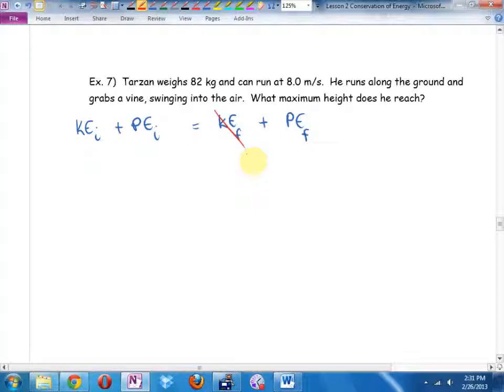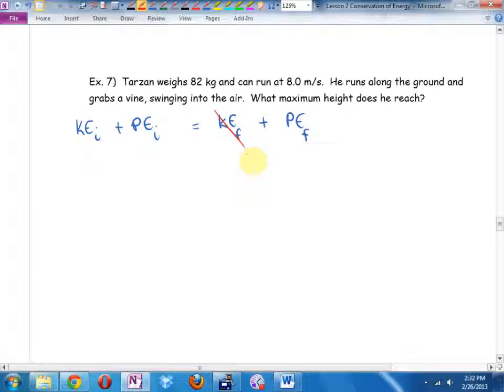Now this is where I sometimes have kids argue with me. They say, hey, Mr. Dewick, if he's grabbing the rope here, he's not on the ground. Here's the nice thing about conservation of energy: you can put 0 wherever you want. Let's put 0 at nose level, because that still gives us how high he climbed compared to his eyes.